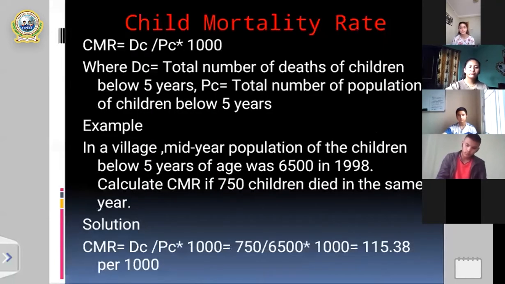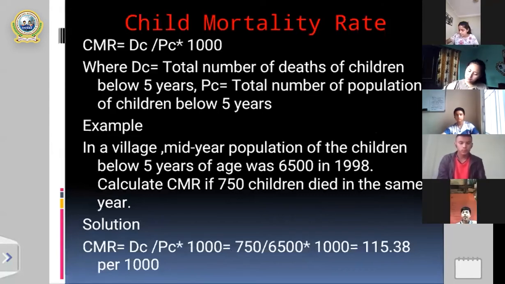Okay, my dear students, and after IMR, the next one is the child mortality rate. Now, let's start from the formula first of all, because the formula is very important, very essential, and without the formula, we cannot calculate any numerical problems. So the formula is very essential, very important. Now, child mortality rate.